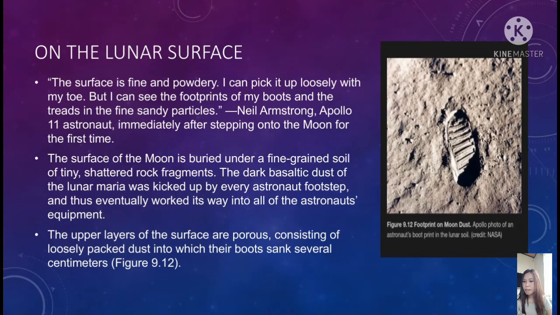The dark basaltic dust of the lunar Maria was kicked up by every astronaut footstep, and thus eventually worked its way into all of the astronauts' equipment. The upper layers of the surface are porous, consisting of loosely packed dust into which their boots sank several centimeters, as in figure 9.12.